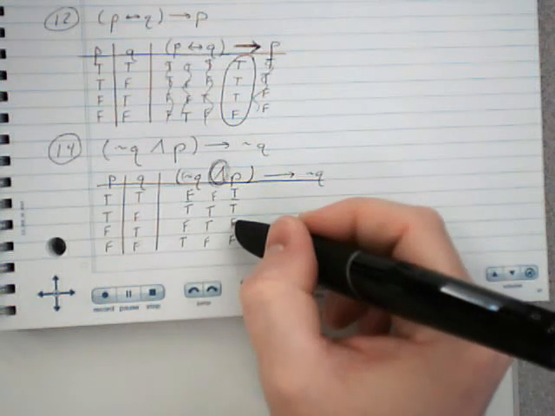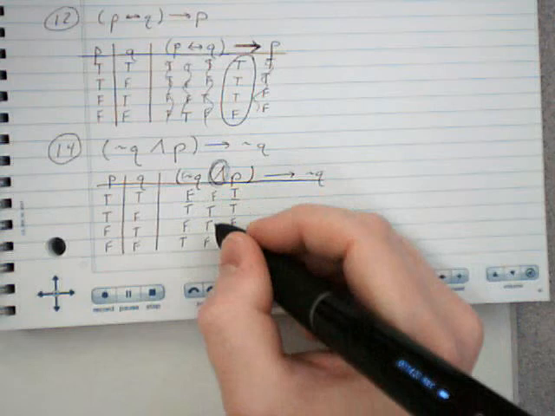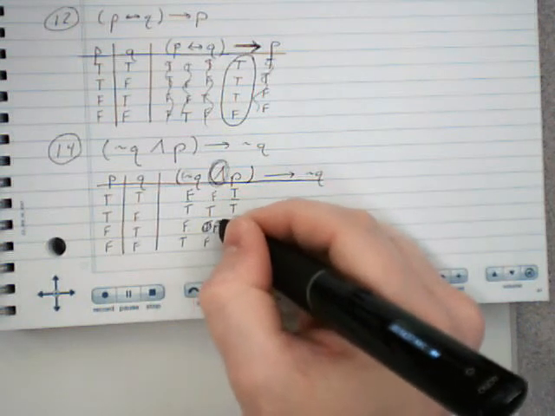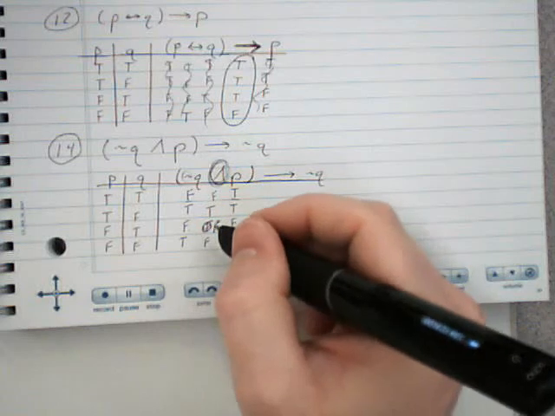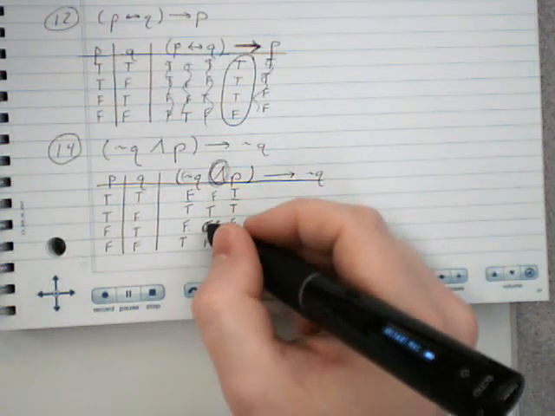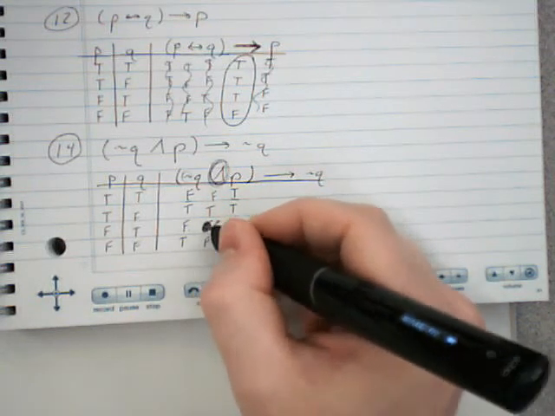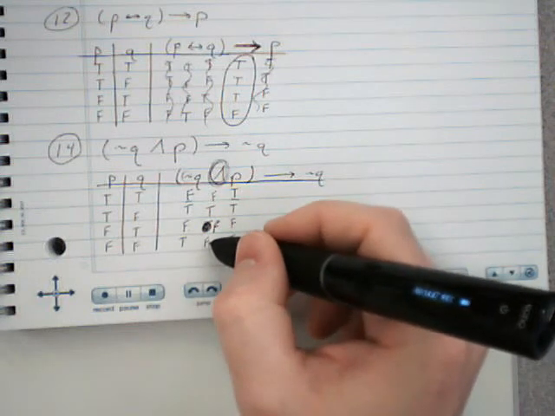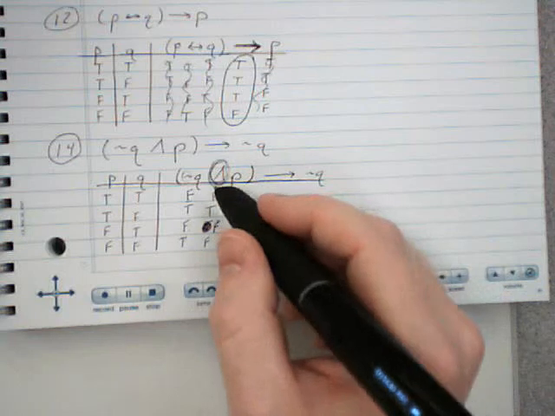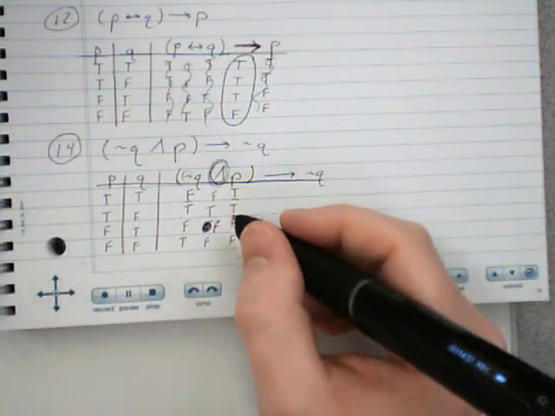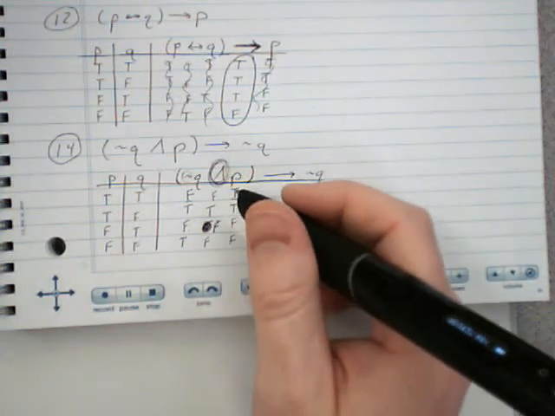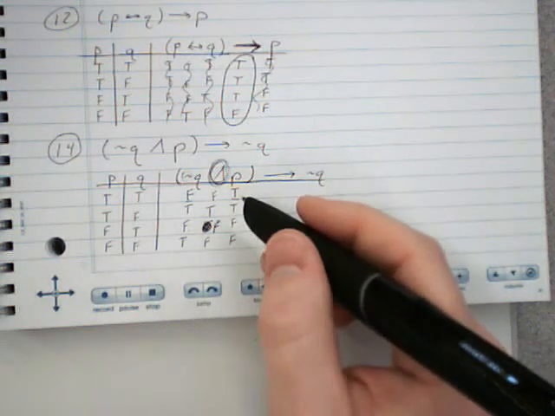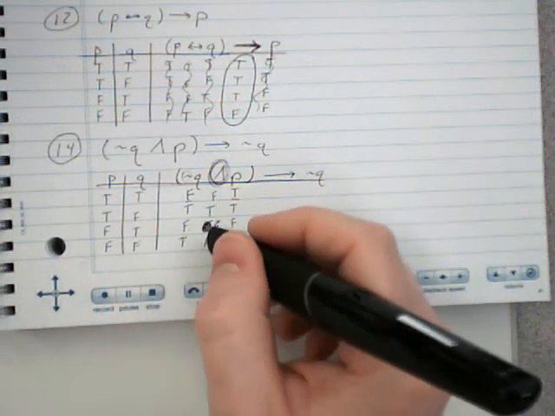And then true and false is false. You see where those letters are coming from, though? That's the main thing, and then you can practice it after here in a little bit.